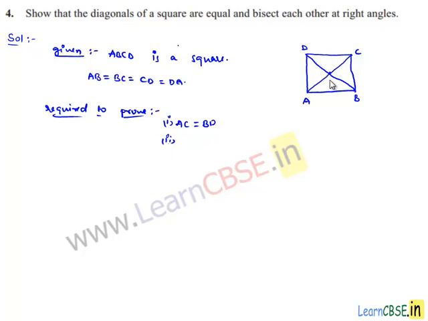Let us assume that diagonals intersect at point O. Here we need to prove that AO is equal to OC and OB is equal to OD, and he says that they bisect each other perpendicularly. We have to prove that angle AOB is equal to angle BOC, angle BOC is equal to angle COD, and angle DOA or AOD is equal to 90 degrees.